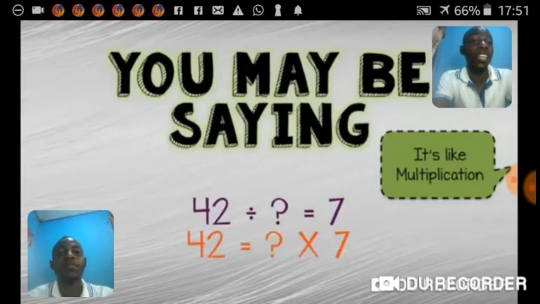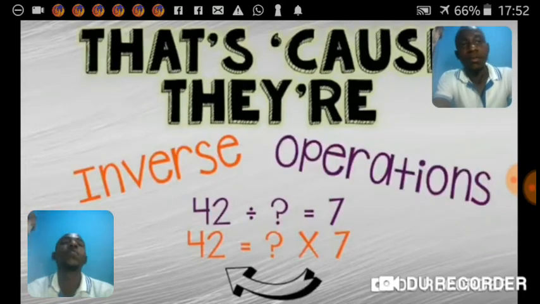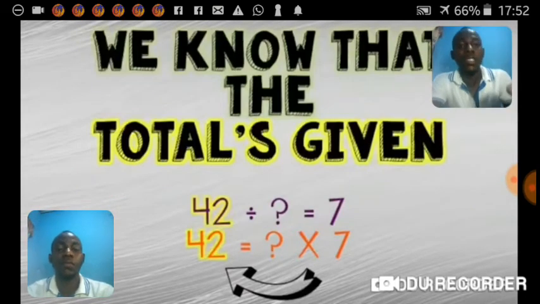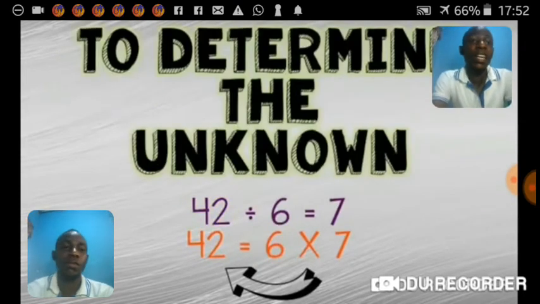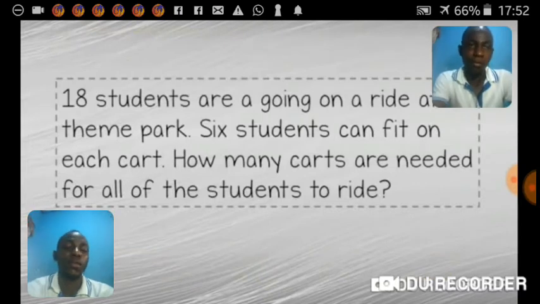Like multiplication. just in reverse, that's 'cause they're inverse. Operations, but in division. We know that Total is given. equally split Swimming or separating. to determine. Determine the unknown. Here's another one for ya. Pause it if you need to. Oh.